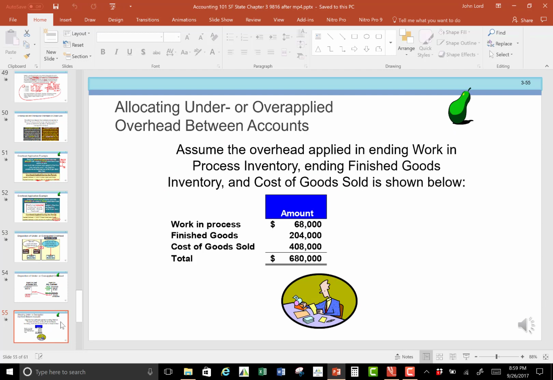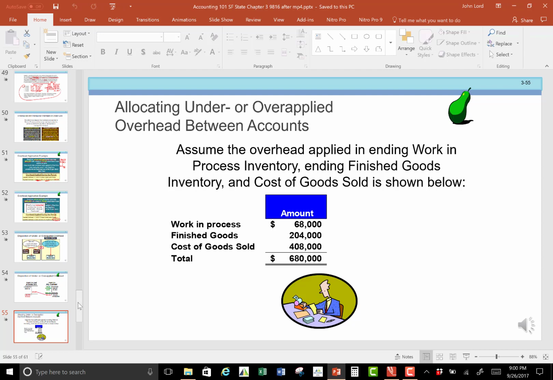So we would take the ending balance of work in progress, the ending balance of finished goods, and the ending balance of cost of goods sold, add that up, and then what? Work in progress constitutes 10% of that, doesn't it? Those three numbers total 680,000, don't they?